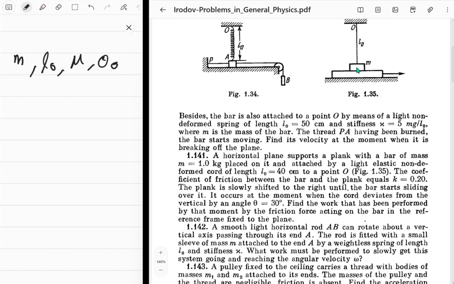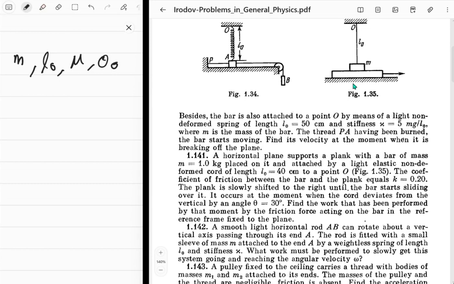So the F dot ds for the friction is just 0, and that will mean that there is no work done by the friction. But there is definitely work done by the string force. No, there is no work done by the string force as well. So the work-energy theorem works perfectly in the reference frame of the plank as well, because the change in kinetic energy is zero. It's stationary, so there's no work done by any force on it.